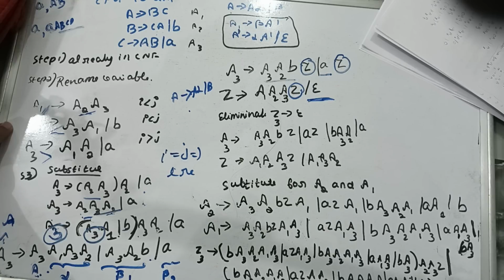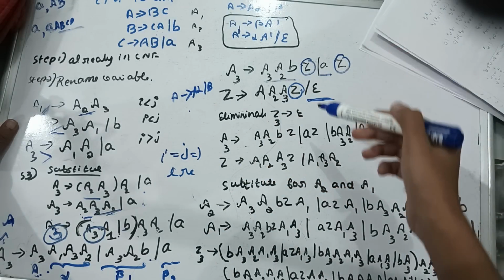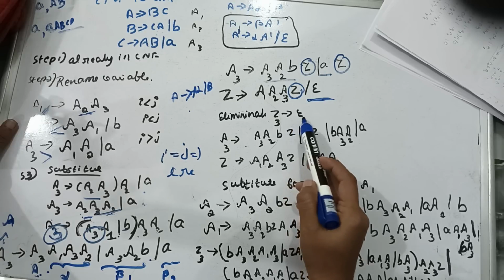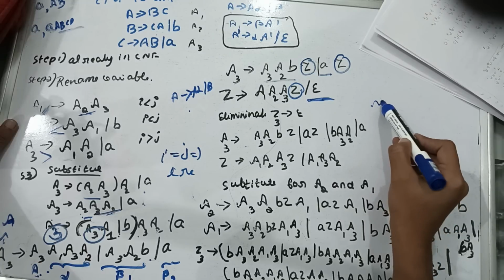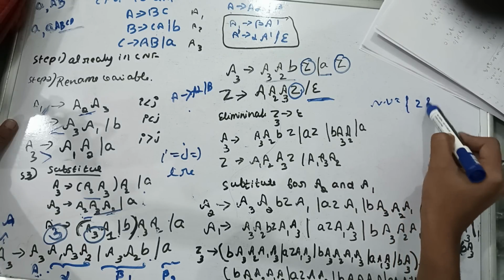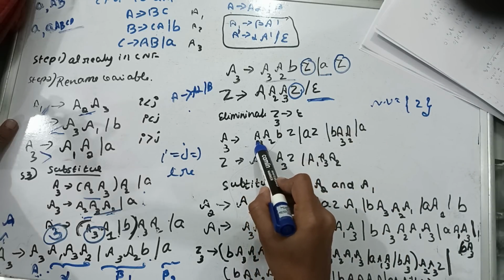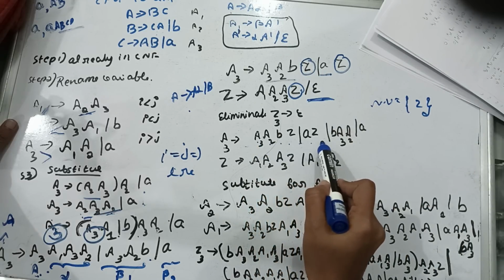Next, after solving this we get epsilon. That means we need to eliminate the epsilon production, which is step 1, right? We need to solve it after this step. Eliminating null production: Z is the null variable here. A3 gives A2 B Z and A Z as it is.